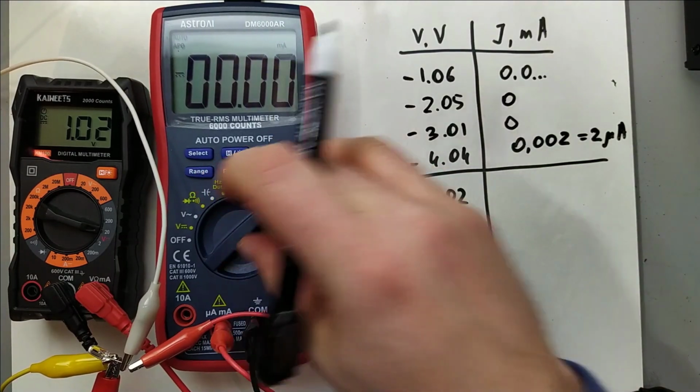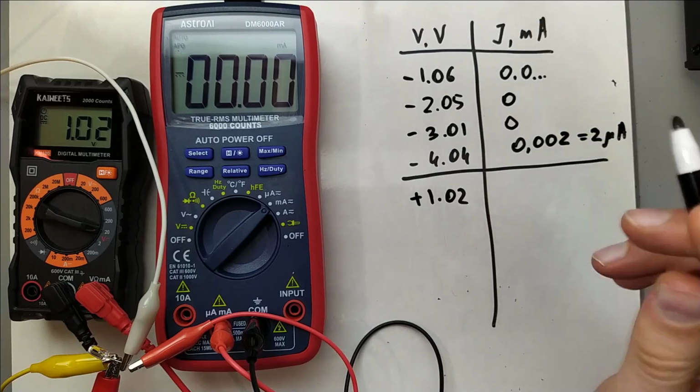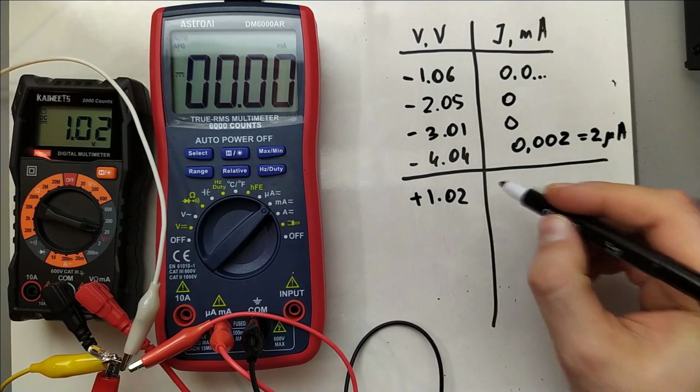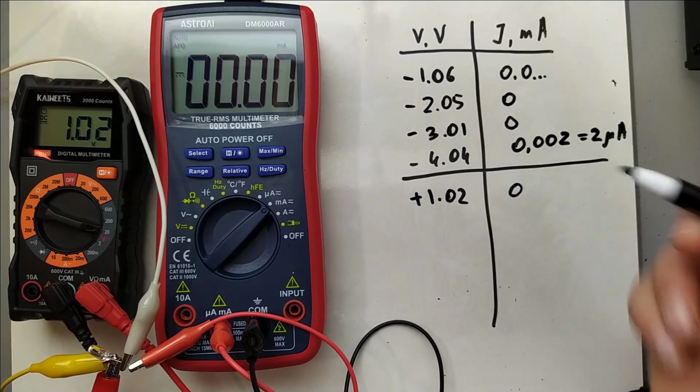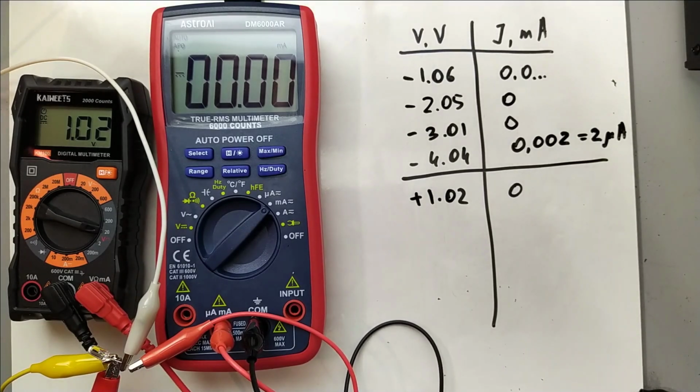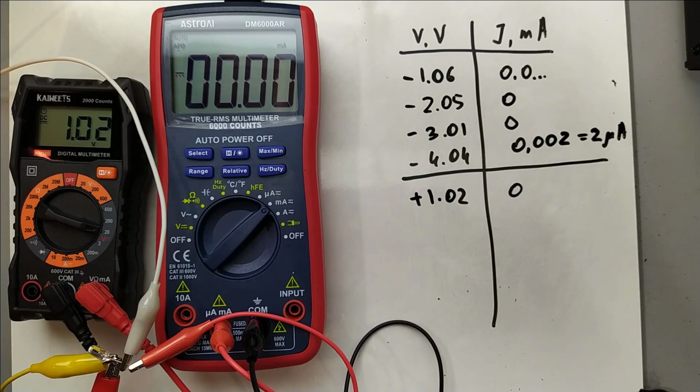We can actually switch to milliamperes to be consistent, and here is 0. So again, it looks like we have no current when we apply some forward bias to this device.